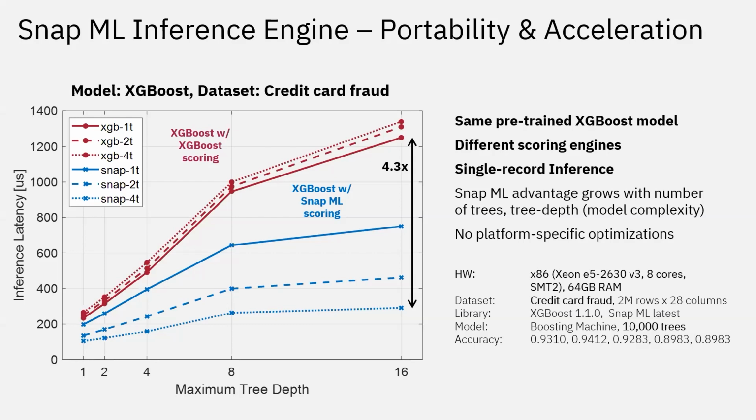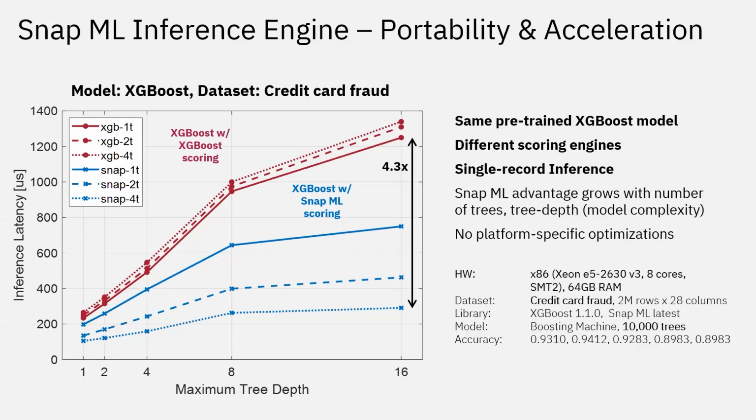And what we see in red is the performance of XGBoost with 1, 2, and 4 threads. As you'll see, XGBoost is not able to benefit from multi-threading particularly well for single record inference.